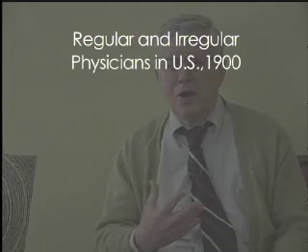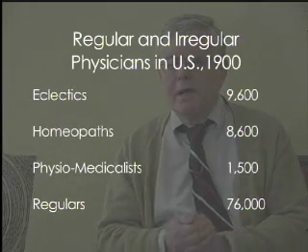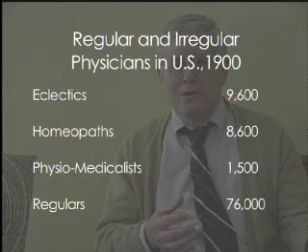In 1900, there were probably 9,600, I think that's the closest I've been able to find, about 9,600 eclectics identified in the United States that were living at the time. Let me back up and say that there were probably about 8,600 homeopaths, about 1,500 physiomedicals, about 76,000 regulars.